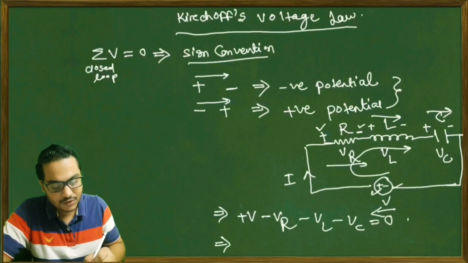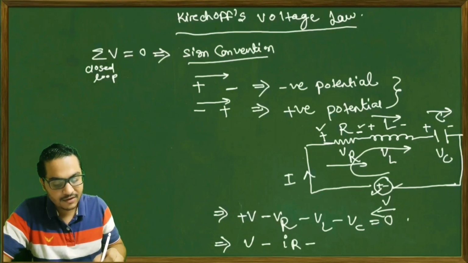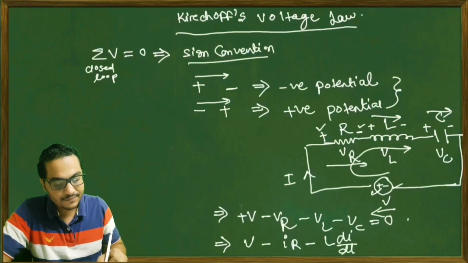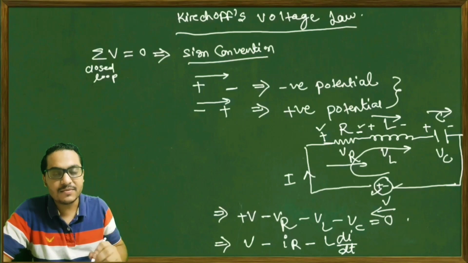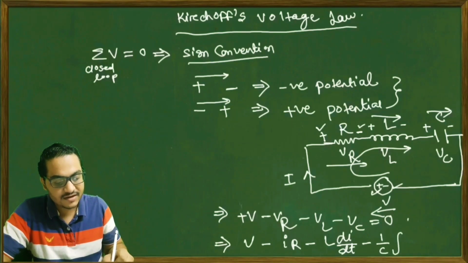Which is equal to V minus VR, and we know from Ohm's law that this is I into R, minus the voltage across the inductor, L di by dt. These things I derived in my previous lecture. And across the capacitor the voltage is 1 by C integration of I dt.